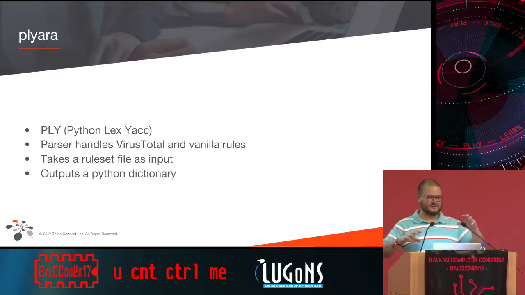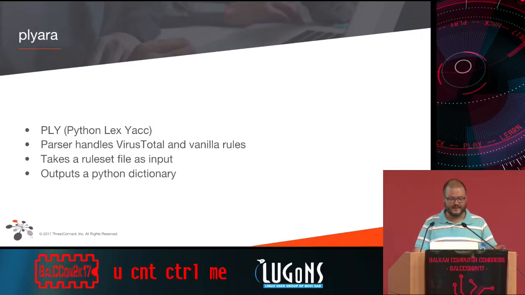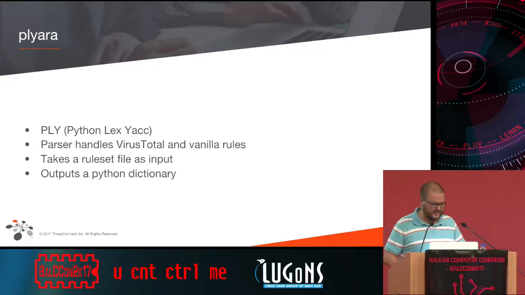Once you've got a library of signatures, you then need a way to automatically deploy them in two different directions. So I was looking for a way to parse the YARA rules in an automated way, and I looked around.